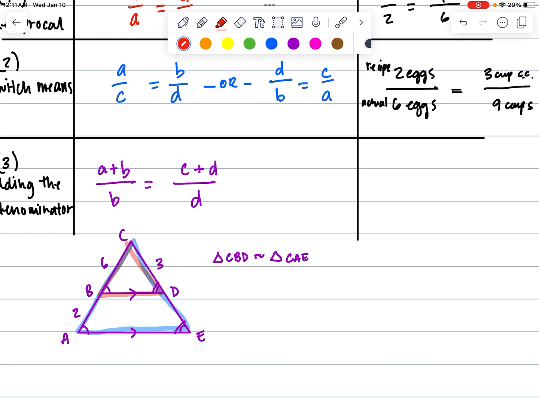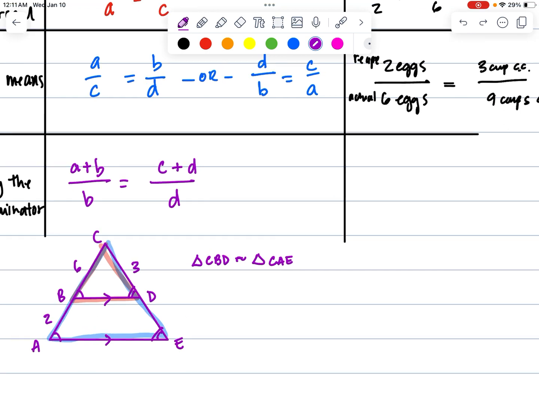Okay? And in this particular case, A plus B represents this whole length. So in this particular case, we could say that the whole length of that particular side is 8. It's 6 plus 2. Over this length, the smaller triangle, 6, is equal to this whole length. We don't know what this is, so we could call this x.